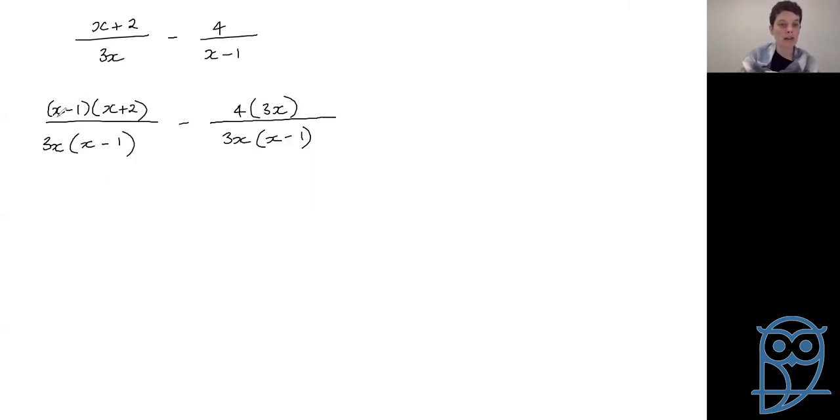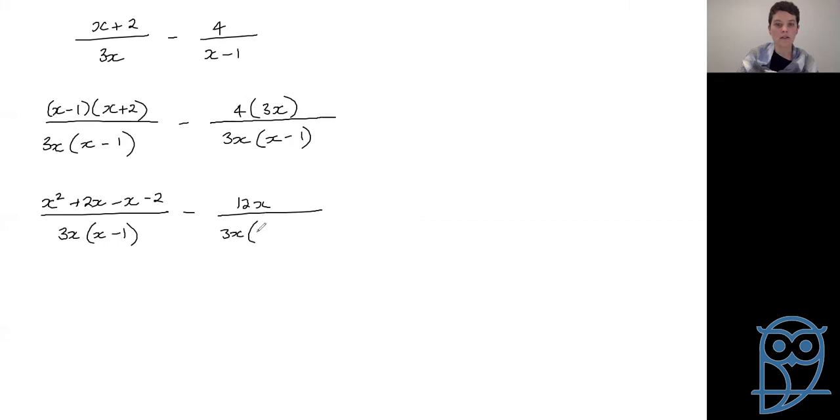So on the top on the left, we have x times x is x squared. X times 2 plus 2x minus x minus 2 over 3x, x minus 1. Minus, here we have 4 times 3 is 12x over 3x, x minus 1.